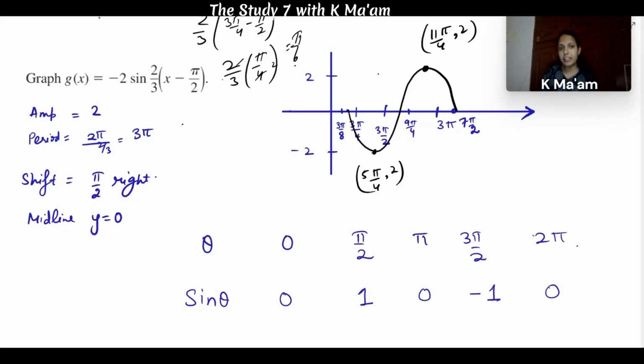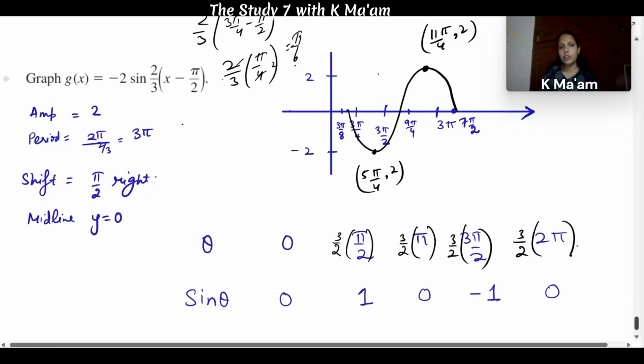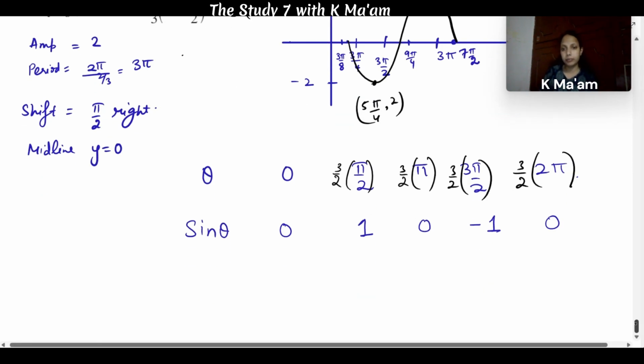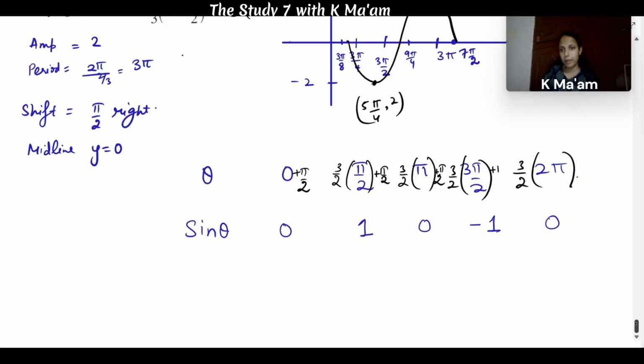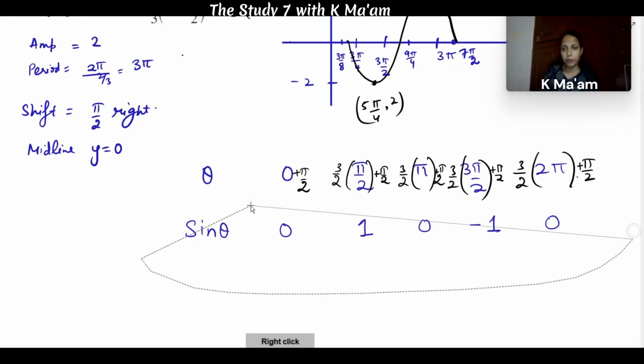So multiply each number by 3 by 2. After this, you have to add pi by 2 to each term. Pi by 2, pi by 2, and pi by 2. Let's see what you will get.